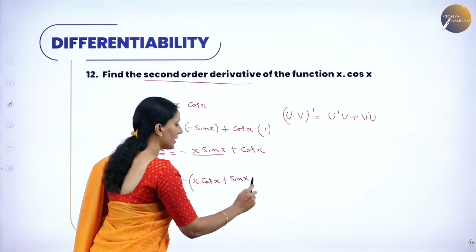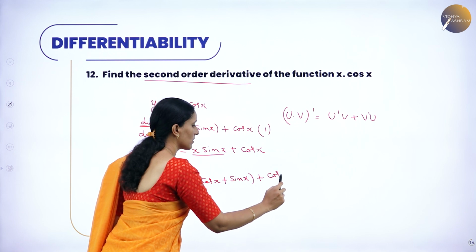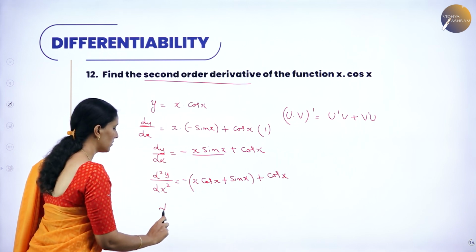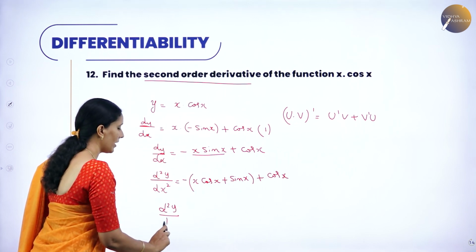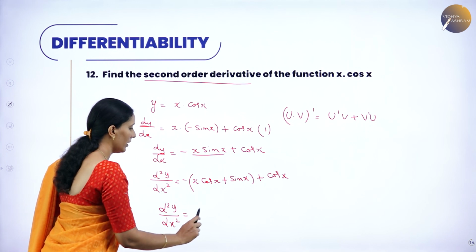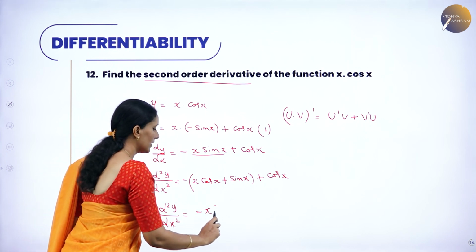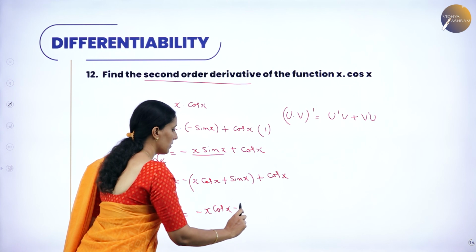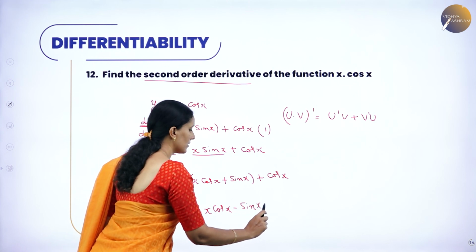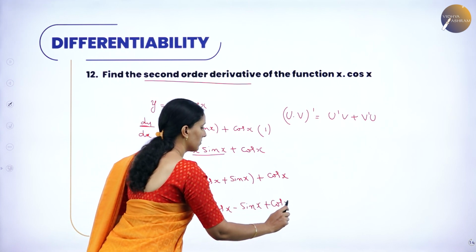So let us keep it as it is, plus cos x. So therefore d square y by dx square is equal to minus x cos x minus sin x plus cos x.